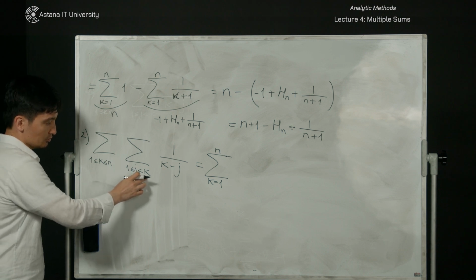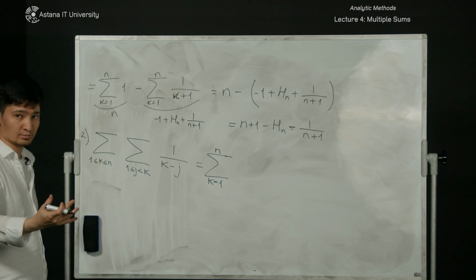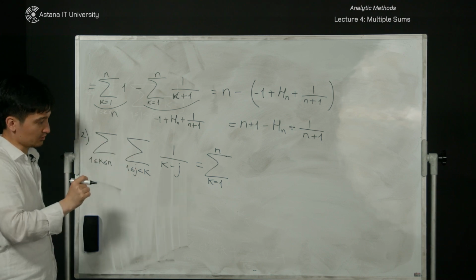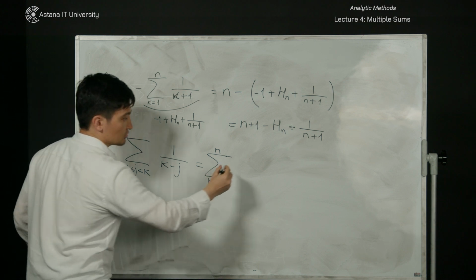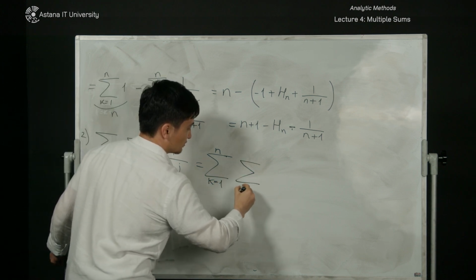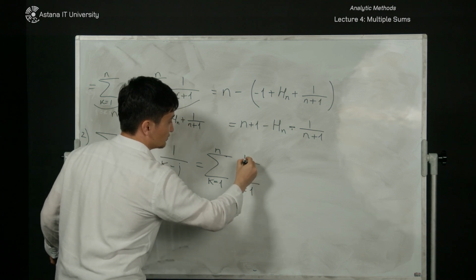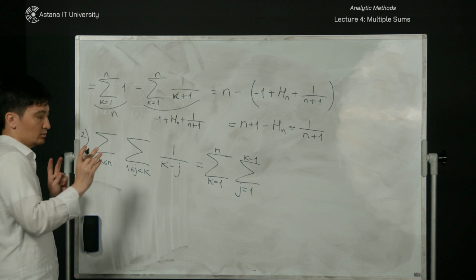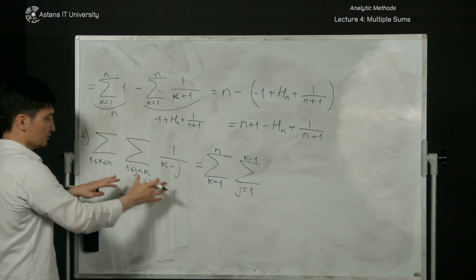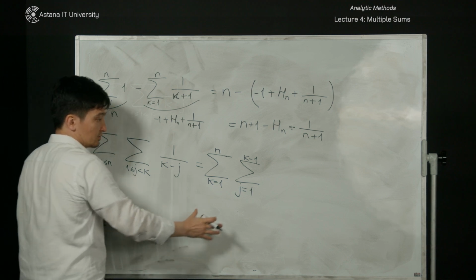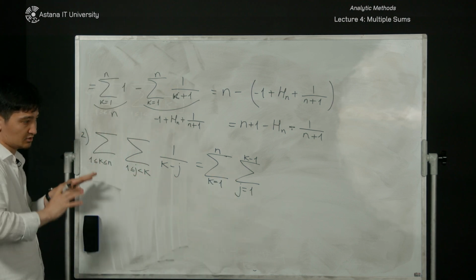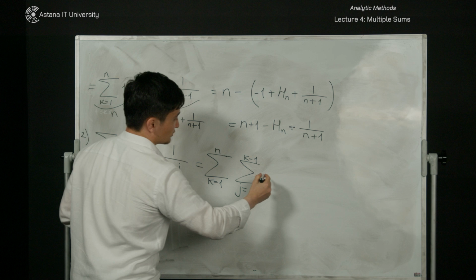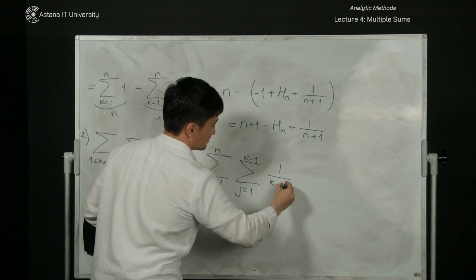If k is not included, and remember all these terms are integers, what is included is the element that is before k, which is k minus 1. So therefore I'm going to write this as j from 1 until k minus 1. So you remember that this thing can be written like this, and this thing can be written like this. They are the same. It's just a different form of expressing sums. And the term under the sum remains the same for now.